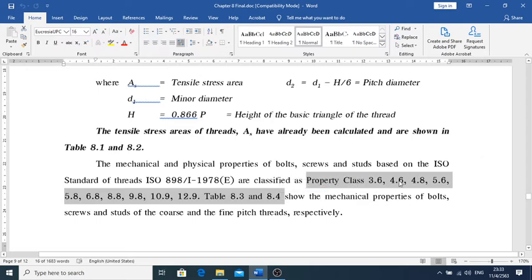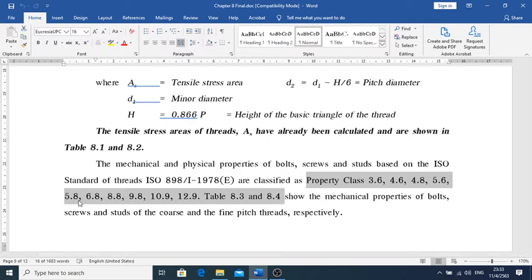I tell you what, okay, this is a class that has been specified by ISO. The ISO quality classes are 3.6, 4.6, 4.8, 5.6, 5.8, things like that. In Thailand, what we've got is only up to 3.6, up to 5.8, because the properties of the material or the steel are not quite high.